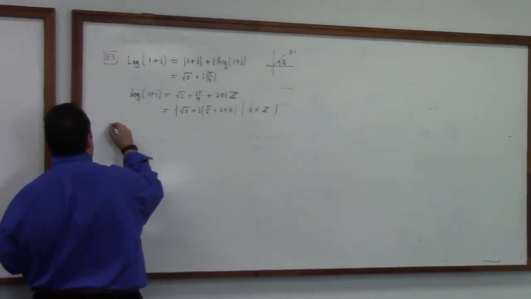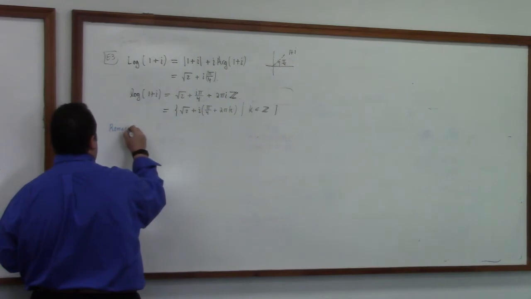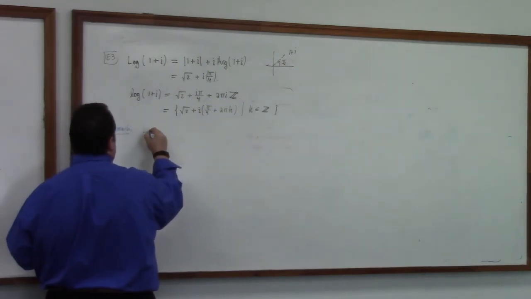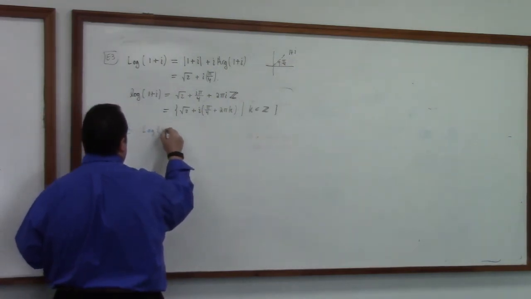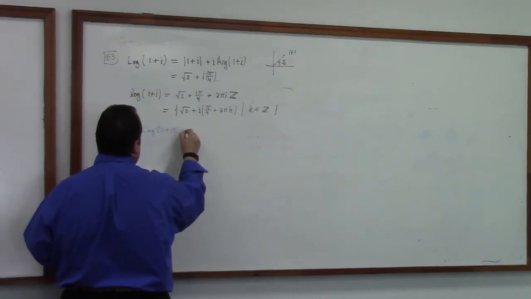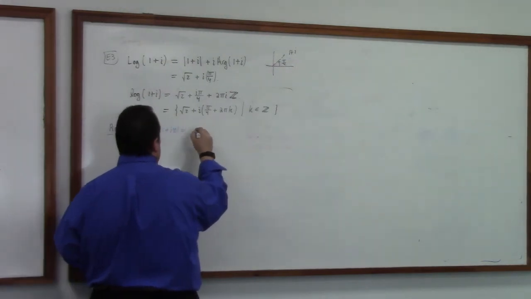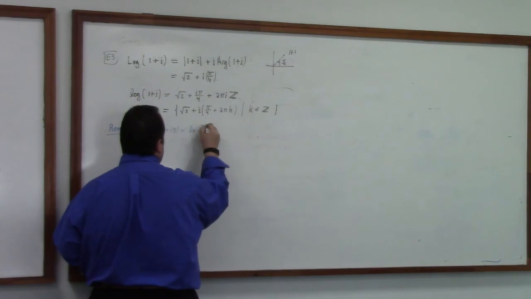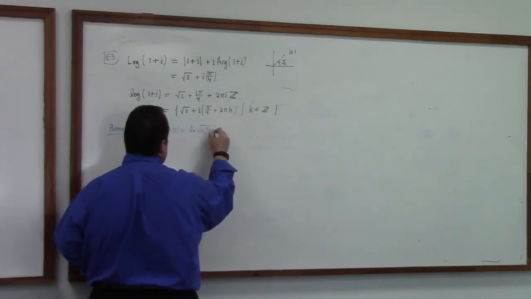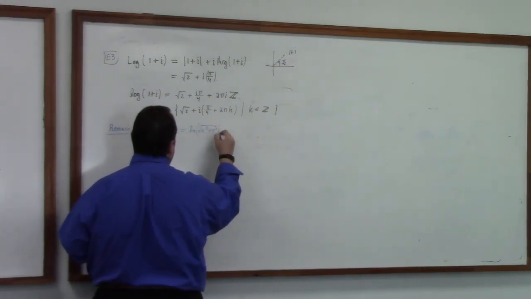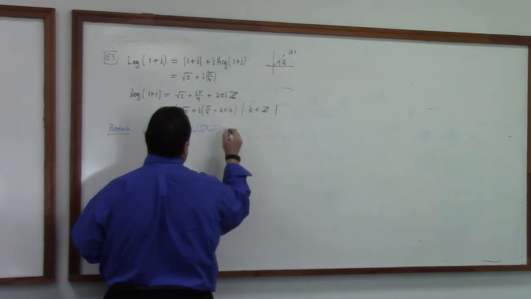It's sometimes helpful to notice the formula in terms of x and y. So log of x plus iy is the natural log of the square root of x squared plus y squared, plus what?